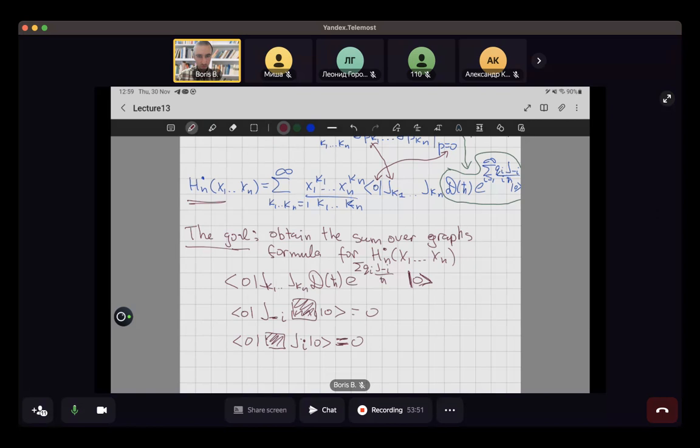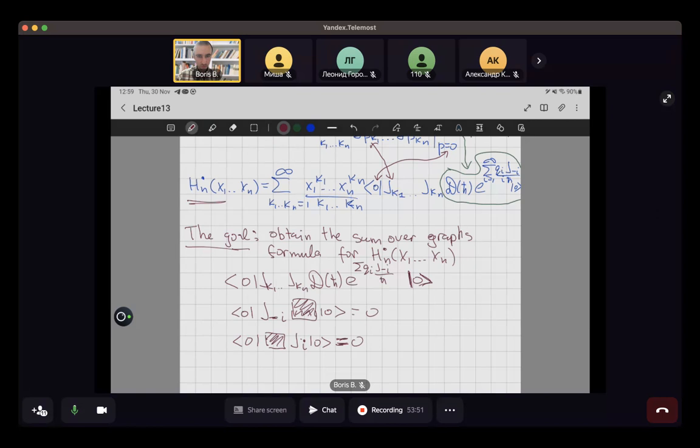Okay, and then it is nice how we can rewrite this formula for H. In fact, we have here J D, and as usual, we can insert between each pair of J's D minus 1, and therefore we obtain something like this: H n bullet x1 through xn is equal to the sum over all k, x1 to xn over k1 to kn.